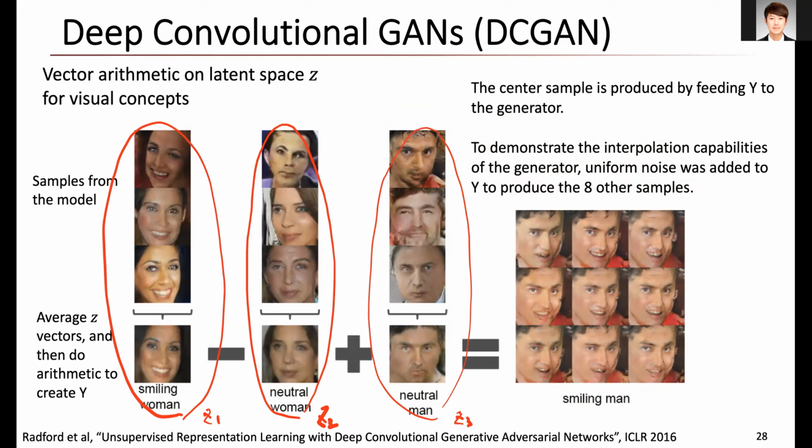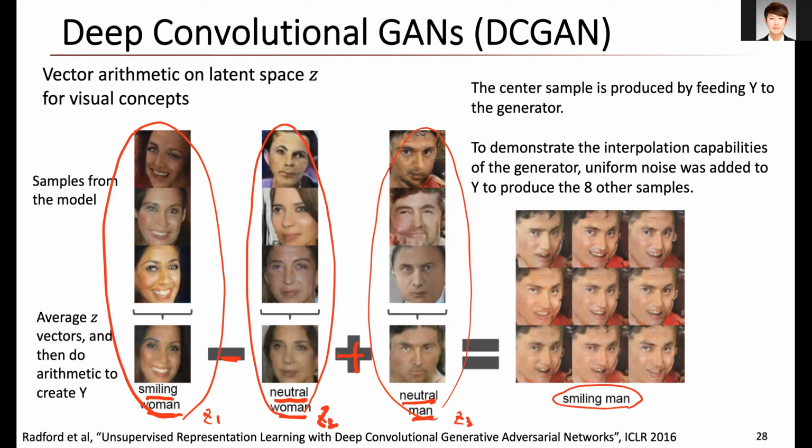So if the latent vector Z contains semantic meaning of the generated images, then by manipulating this latent vector, we can manipulate the semantic content of the generated images. In other words, this is a smiling woman, this is a neutral woman, and this is a neutral man. So if we compute Z1 minus Z2 plus Z3, ideally the generated image should be a smiling man.